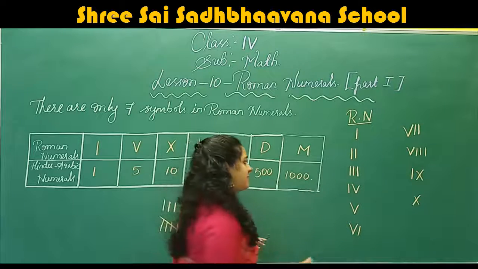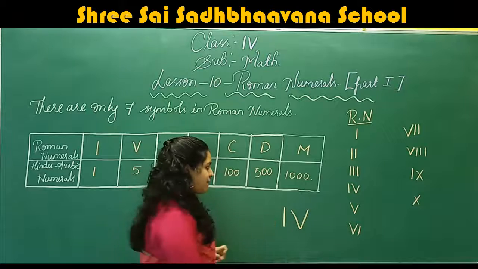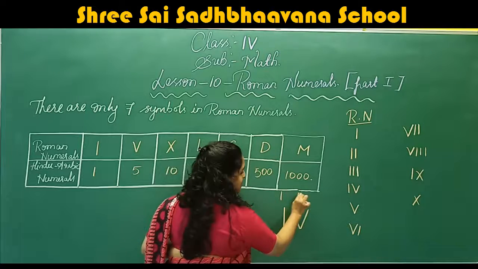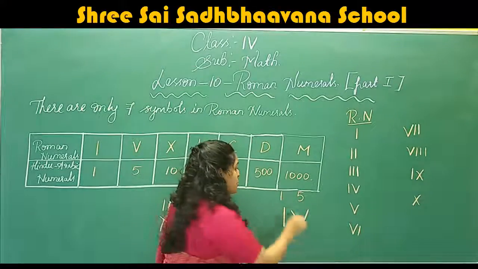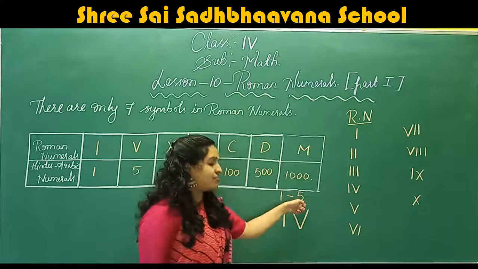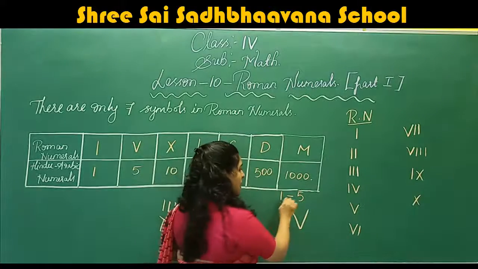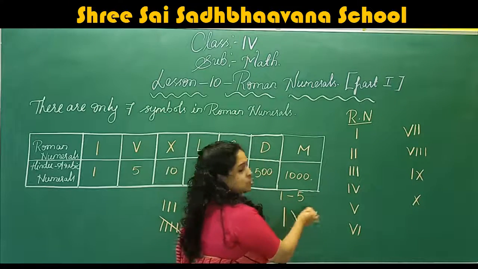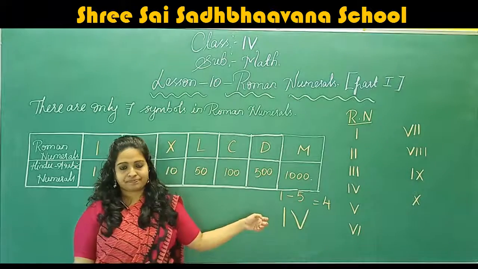What does I stand for? 1. V is 5. So here we subtract the smaller value from the greater value: 5 minus 1 is equal to 4. So the value is 4.